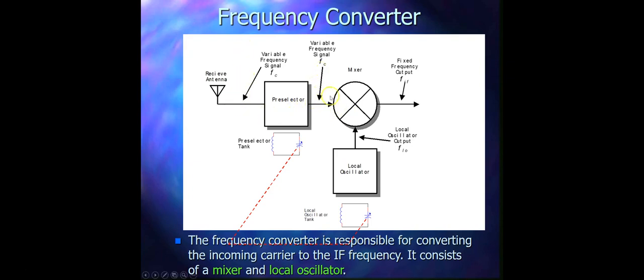You see here FC is the carrier frequency signal coming through this pre-selector, and the FLO, which is the local oscillator frequency signal, is coming from here. These two signals basically enter into the mixer, and it causes a non-linear distortion of the two signals being applied to this mixer.